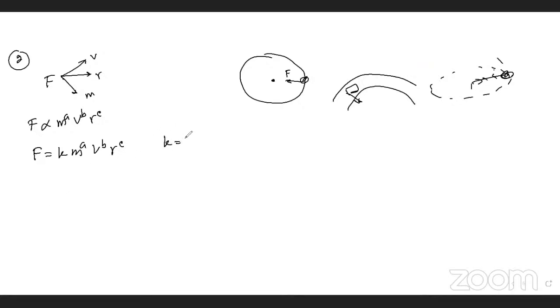Here its value is 1; that's not given, but you can take it as 1. Considering the dimensions, force is MLT to the power minus 2. Then considering the dimensions of the other side, k m to the a, v to the b, and r to the c.